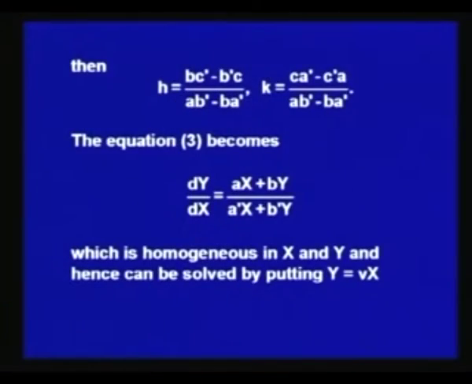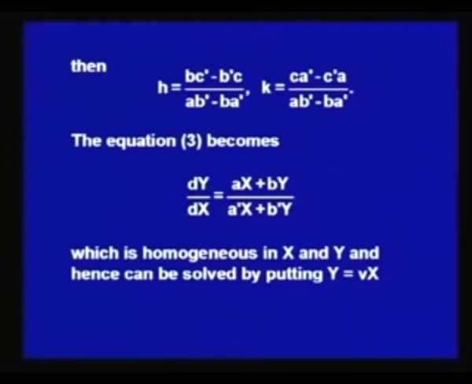The values of h and k can be obtained from the two linear equations as h equal to bc dash minus b dash c over ab dash minus ba dash and k equal to ca dash minus c dash a over ab dash minus ba dash. Now, since we have assumed that a over a dash is not equal to b over b dash, ab dash minus ba dash is not equal to 0, and therefore, h and k exist.